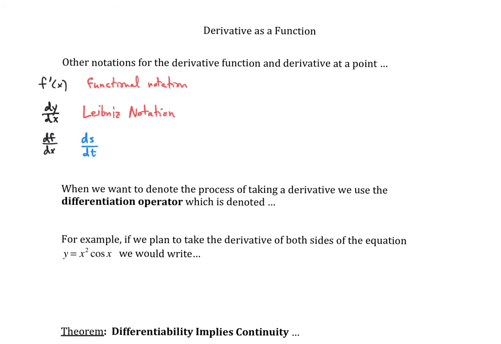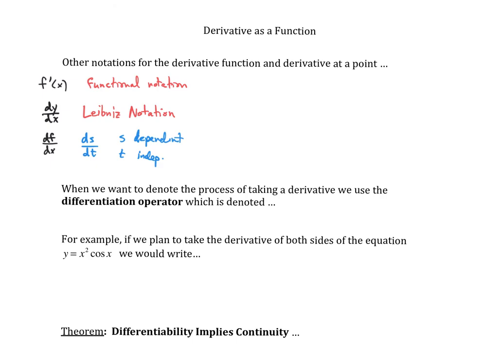In this case, s is the dependent variable and t is the independent variable. So these are many different ways that we could describe our derivative, and we're going to use these notations interchangeably.